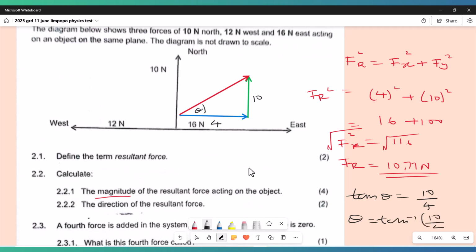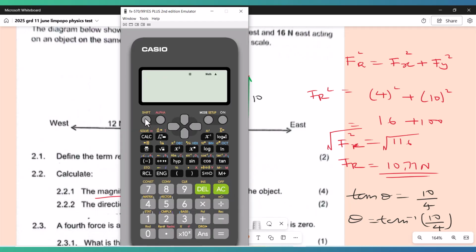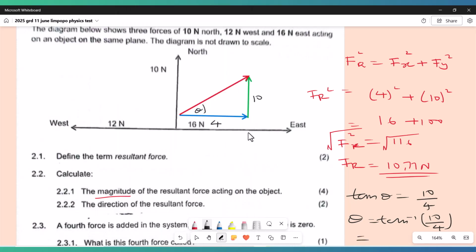Let's check the calculator: shift tan inverse of 10 divided by 4 gives us 68.20 degrees. That's our direction then.